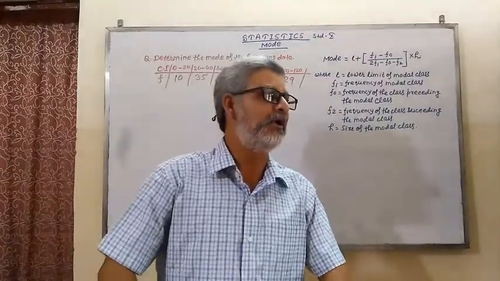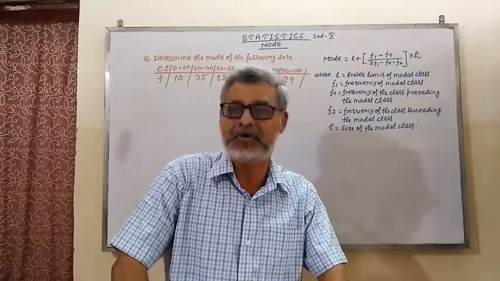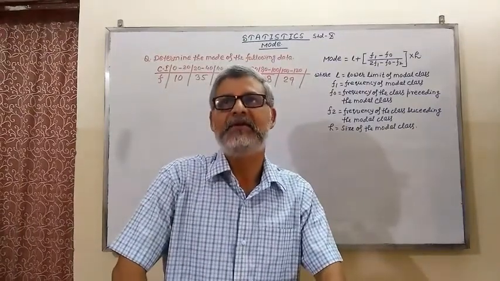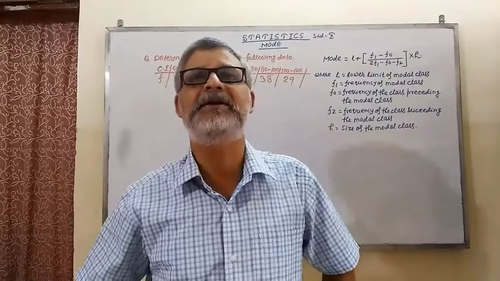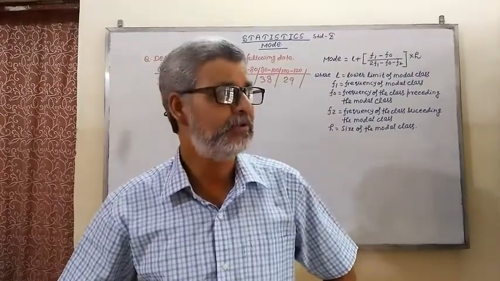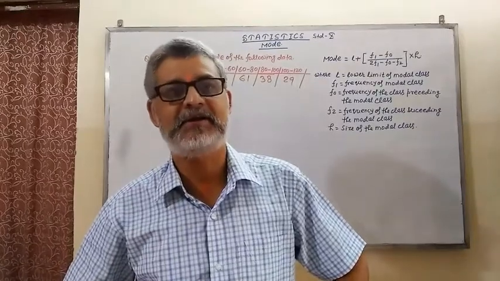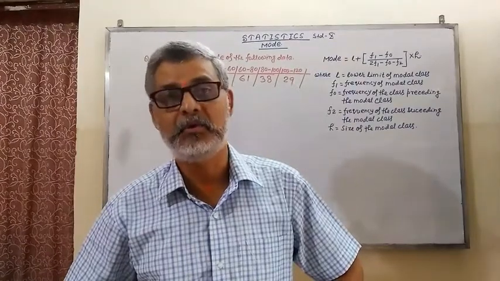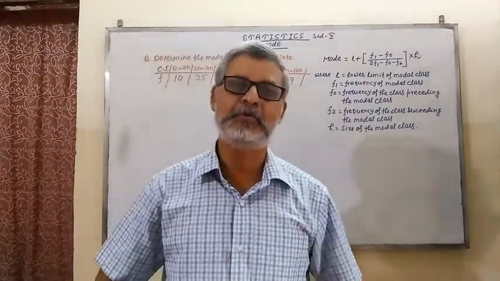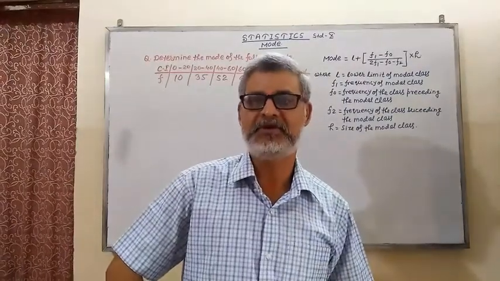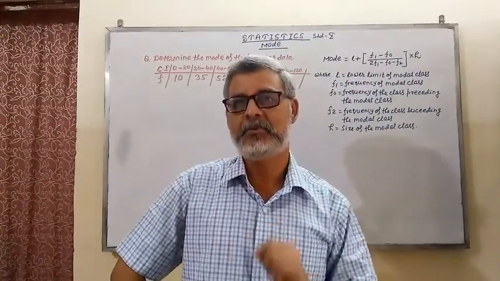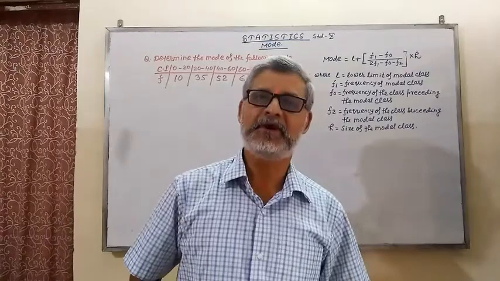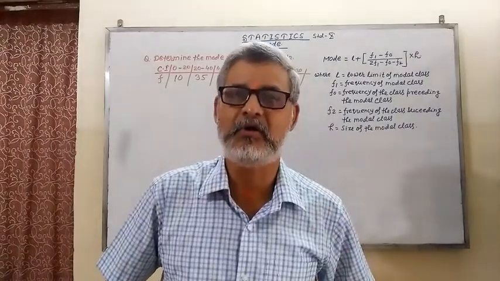But this way we can find it only for ungrouped data. Suppose the variate is given and the frequency is given, then it can easily be found which variate has the maximum frequency. But when class intervals are given with frequencies, like 0 to 10 with frequency 15, 10 to 20 with frequency 17, it is very difficult to find the actual value of the mode.